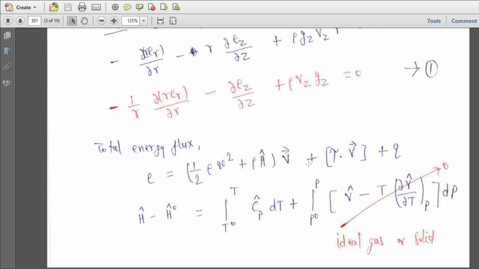This is the expression for enthalpy change for any gas from thermodynamics. For an ideal gas the volume change term is 0, so this term would be cancelled. For an ideal gas the enthalpy is given by Cp dT only.